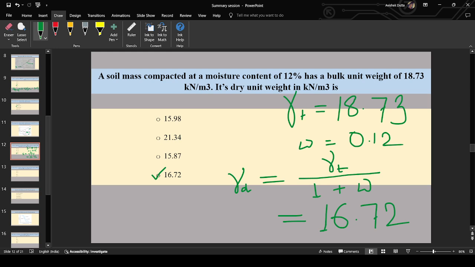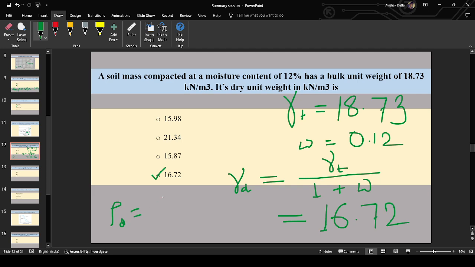So in this question we have been given the bulk unit weight and the moisture content. We can find out the dry unit weight using the formula gamma D, that is dry unit weight, equal to gamma T, bulk unit weight, divided by 1 plus moisture content in fraction. In a similar way, dry density and bulk density will have the same relation.